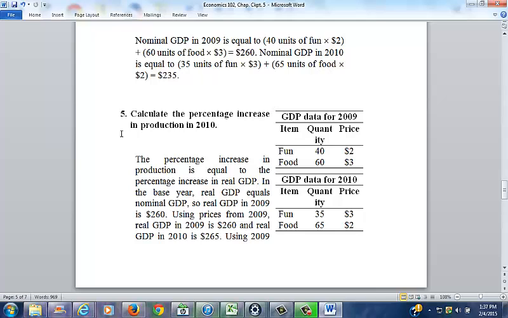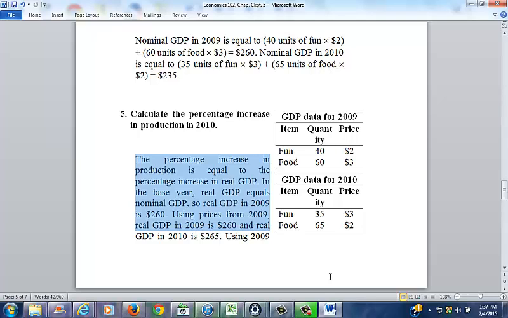It also states to calculate the percentage increase in production in 2010. The percentage increase in production is equal to the percentage increase in real GDP. In the base year, real GDP equals nominal GDP. So real GDP in 2009 is $260.